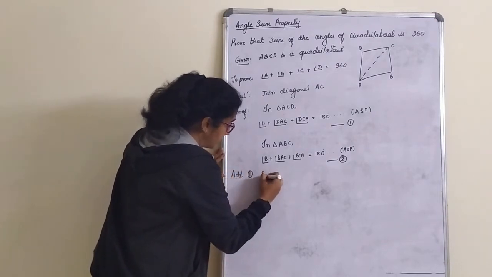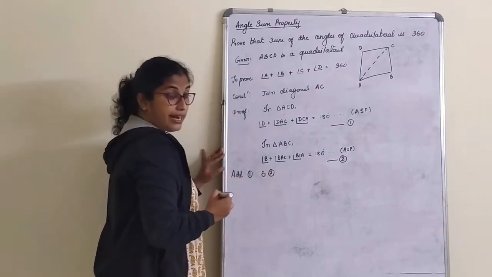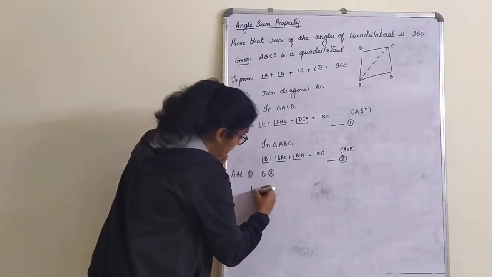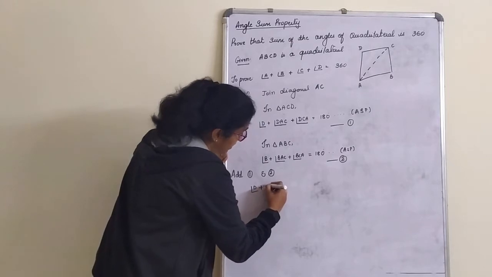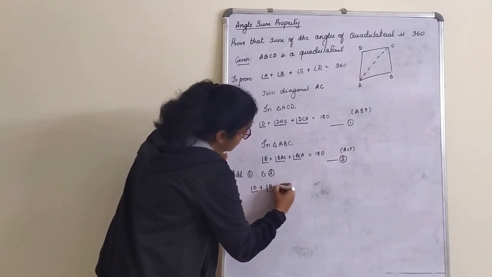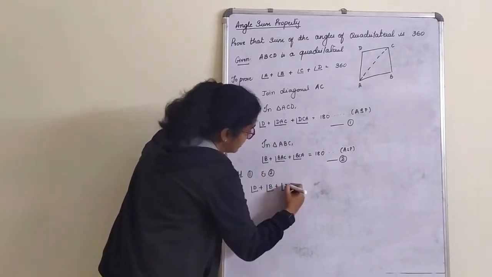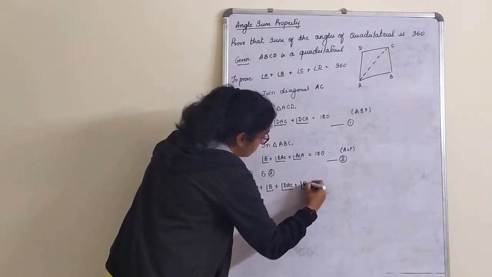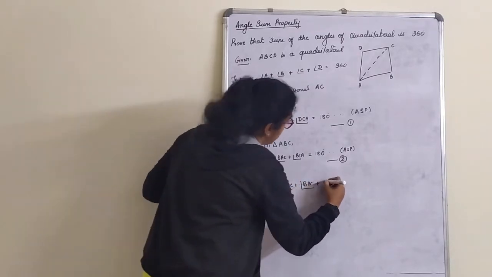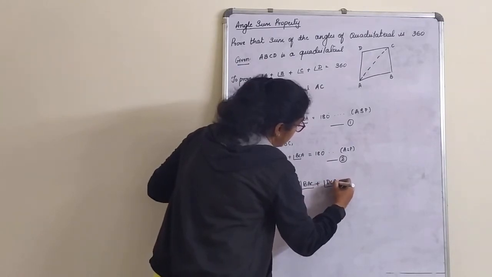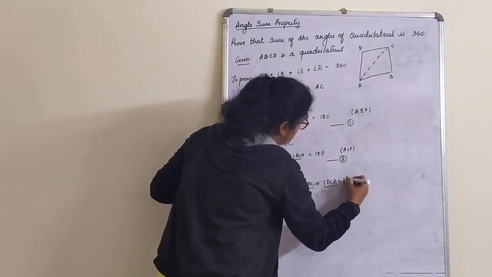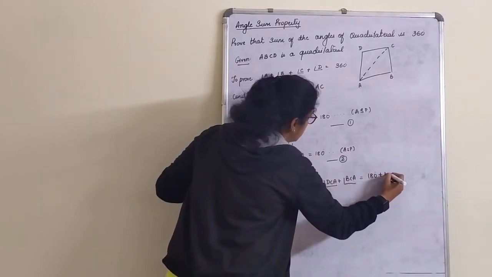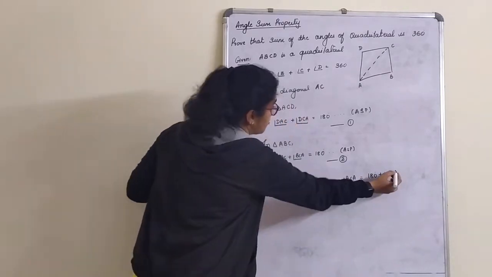Add equation 1 and 2. If I add them, what do I get? Angle D plus angle B plus angle DAC plus angle BAC plus angle DCA plus angle BCA is equal to 180 plus 180.